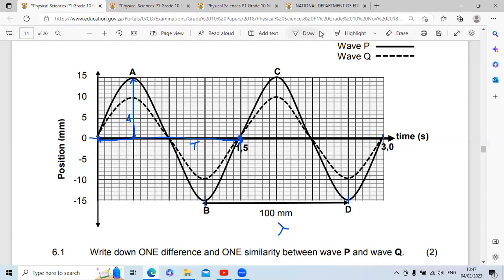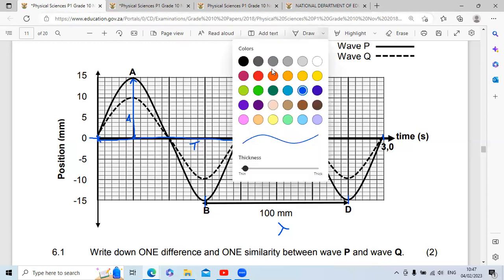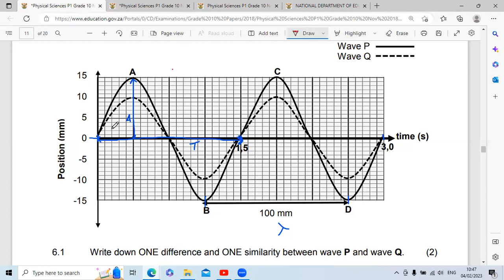Let me try using a different color here. These are the two waves that we're going to be focusing on. Sorry, can I just erase this?